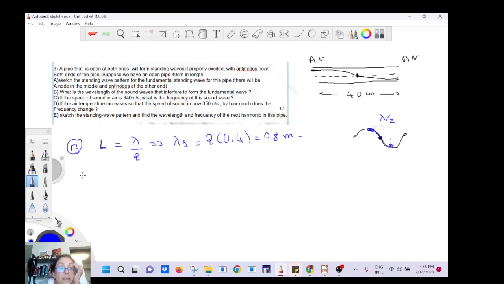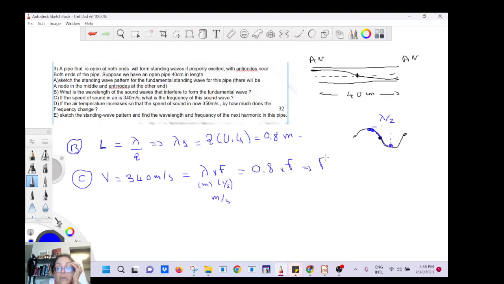Okay. C, what is the frequency? So that means the speed of the wave is 340 meters per second. The speed is the wavelength times the frequency, because this is meters and this is cycles per second. So you get meter per second. So that's going to be 0.8 times the frequency.